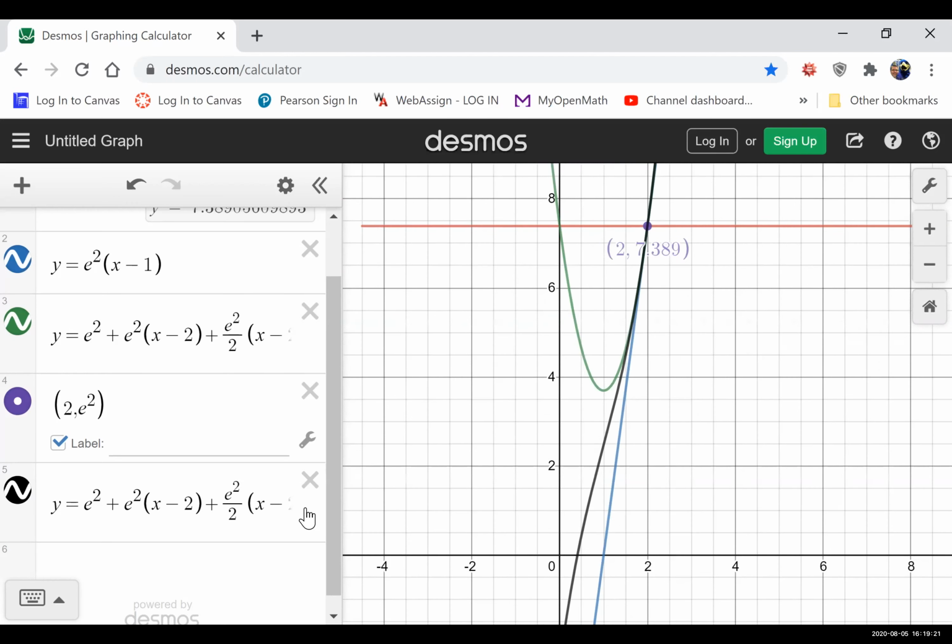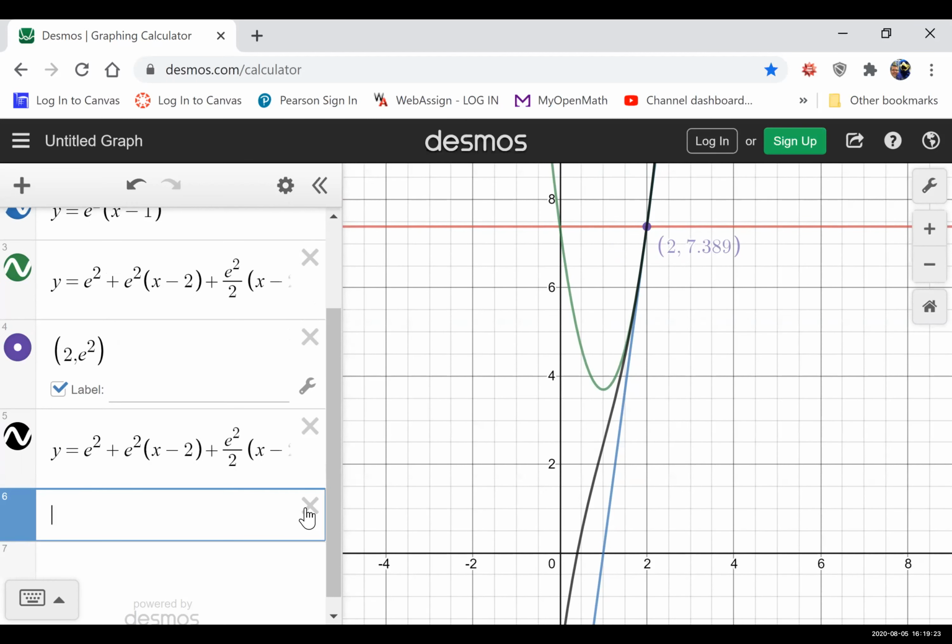Now I'm going to plug in the original function, which is y equals, this is what we want to approximate. This is kind of like when we did our linear approximation, right? We used Newton's method for linear approximation back in Calc 1.